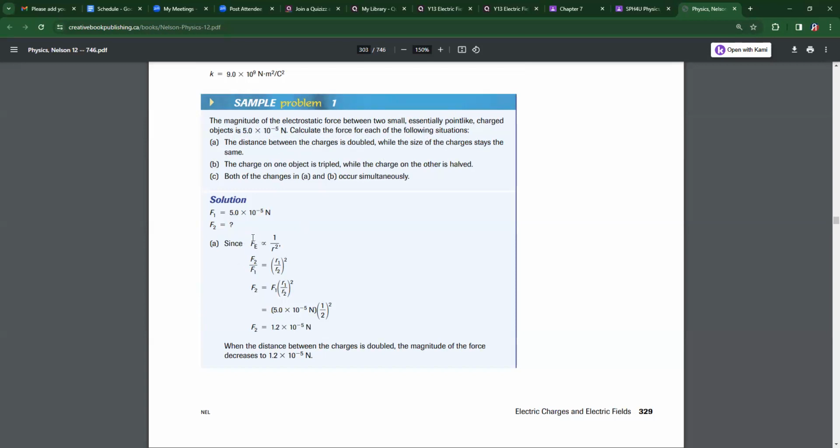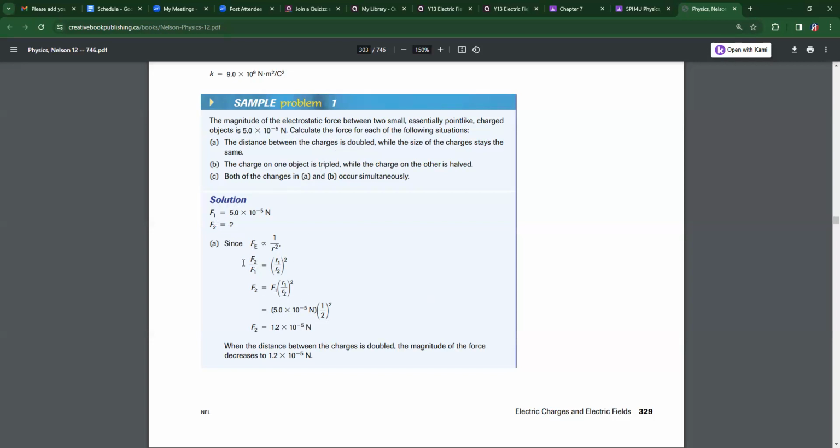Usually we think about the coefficient of proportionality between force 1 and force 2. Force 1 is the initial force between two charges, and force 2 is after you separated those charges to a distance twice bigger. The ratio between the forces is inversely proportional to the distance between them squared. So you see that F2 over F1 equals R1 over R2 squared.